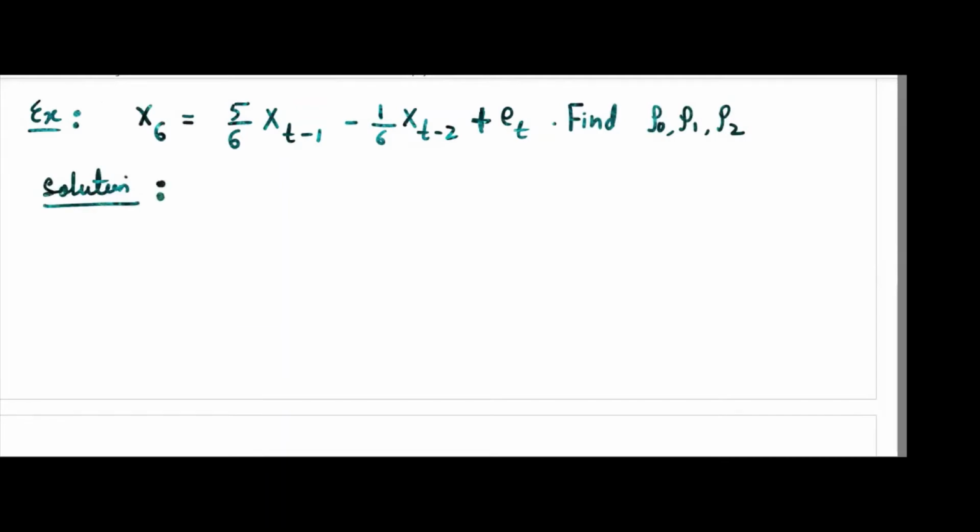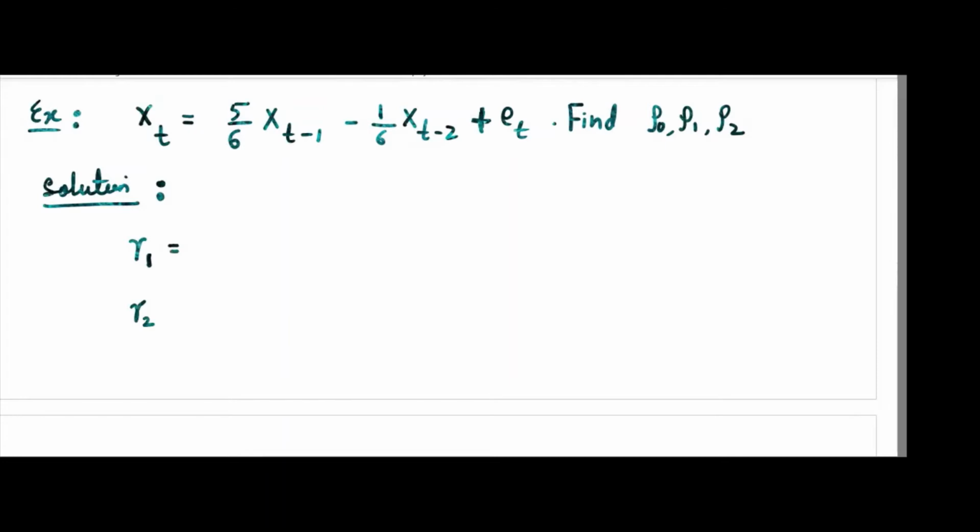One way is this, which you need to learn. Let me replace it by X_t. So suppose I want to find gamma 1. Then I will write gamma 2 here.